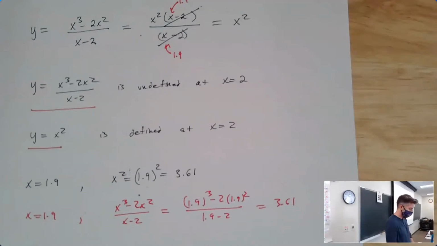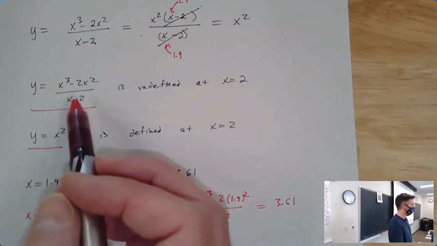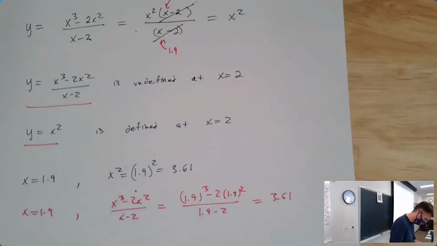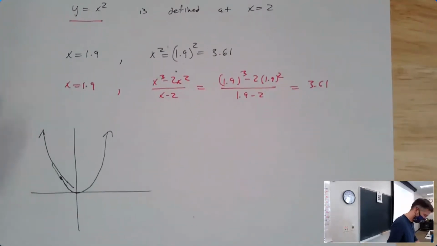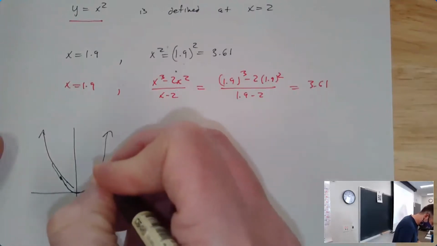And the only difference is this function has the point 2 comma 4. This function has nothing. So here's y equals x squared, kind of.